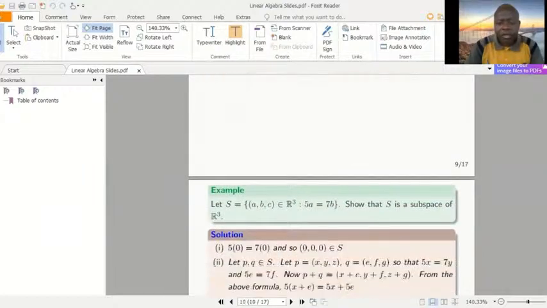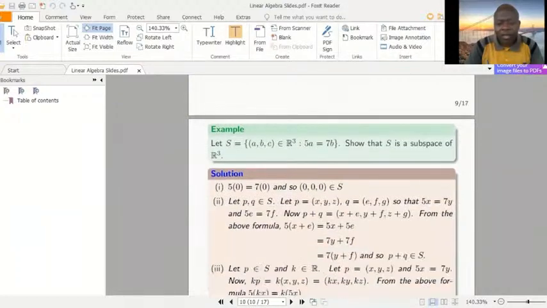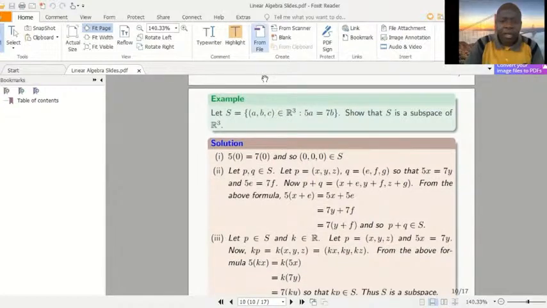Now let's show that subsets are subspaces, and for this we'll be using arbitrary proofs. I like this first example. The first example says, let S be a set comprising of (A, B, C) in R3 such that 5A is 7B. Show that S is a subspace of R3.